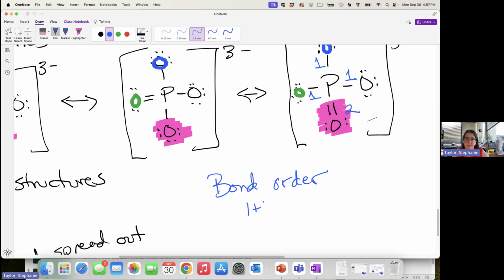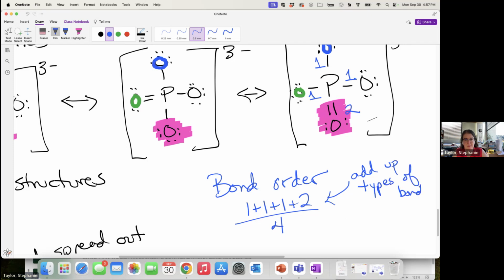So I'm going to basically add up all of my bonds and divide by the total number of locations of bonds. Basically, I add up types of bonds, and then we divide by number of bonds.